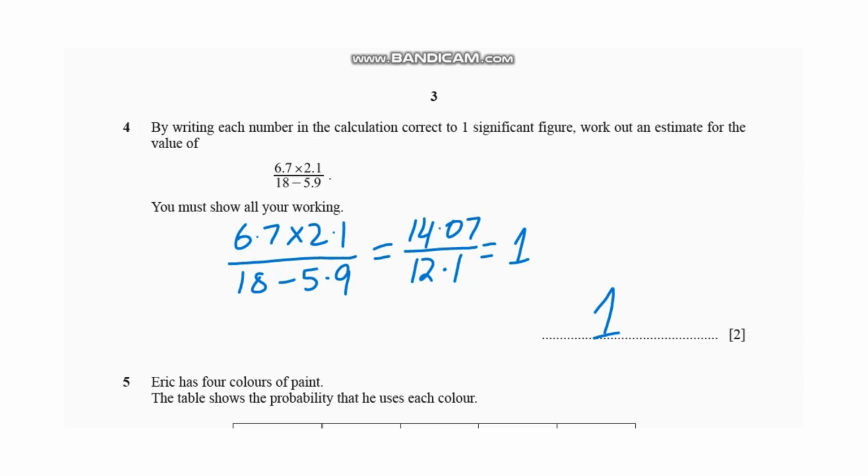That will be 6.7 multiplied by 2.1, which is 14.07, divided by 18 minus 5.9, that is 12.1. So once we do this, the answer is 1, because the question states it must be one significant figure. So one significant figure will be 1.